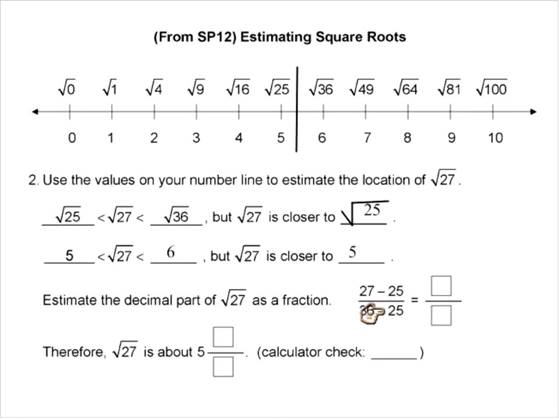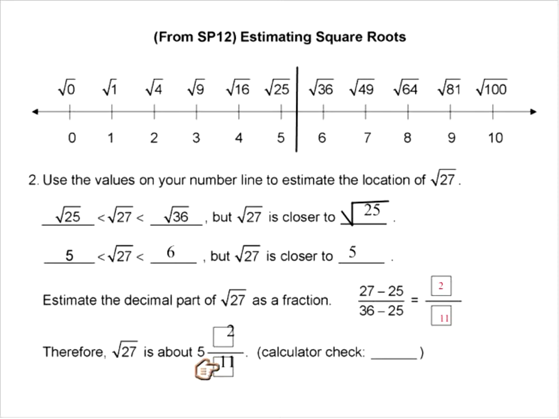And when we do that, we're going to get 2/11. So that's the fractional part. As Joe is doing right now, we can say, therefore, the square root of 27 is going to be about 5 and 2/11.